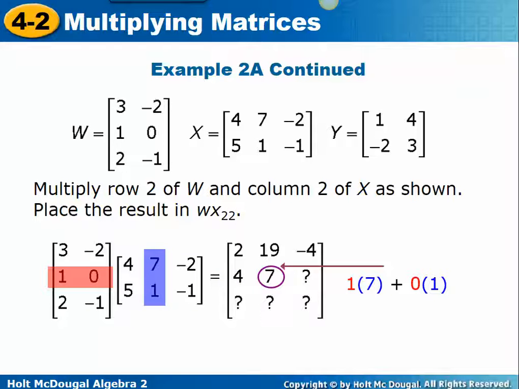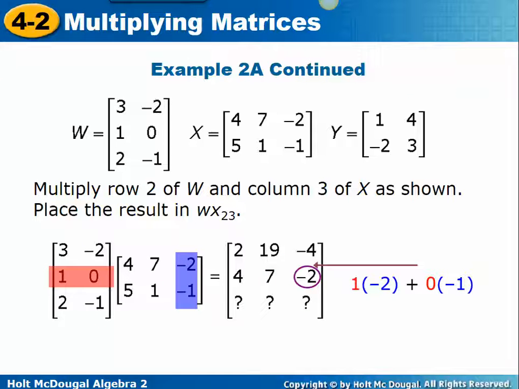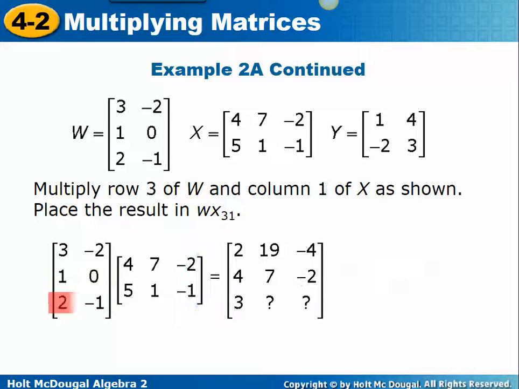Then we're still on the second row, but now we move to the second column. 1 times 7 plus 0 again, so that's just 7. And then 1 times 0, and 1 times -2 plus 0, so that's -2. All right, we're almost done. We're ready for our third row times our first column. So 2 times 4 is 8, plus -1 times 5 is -5.